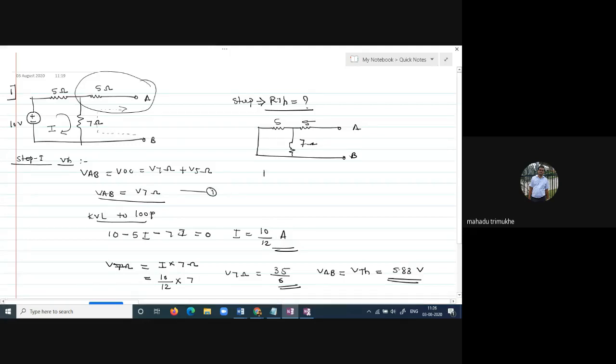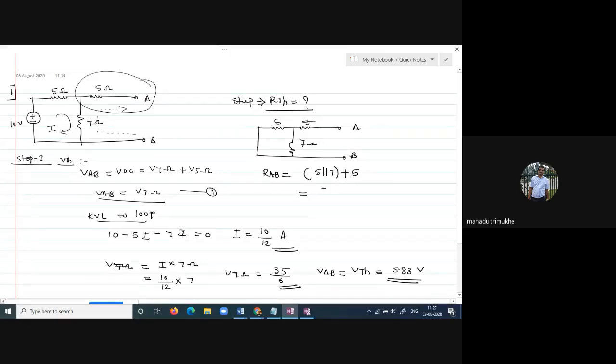How do we find RAB? RAB is nothing but 5 parallel with 7, and in series with the 5 ohm resistor.